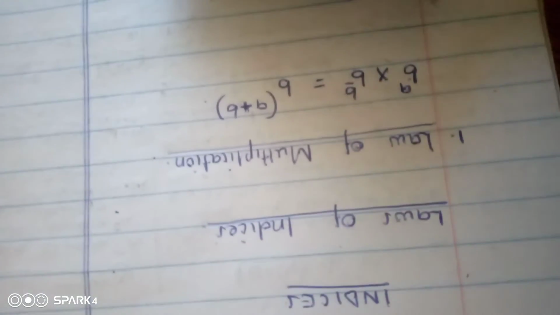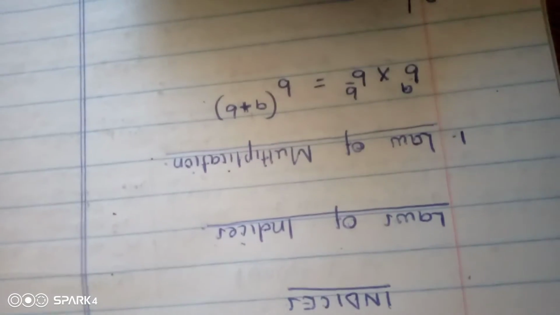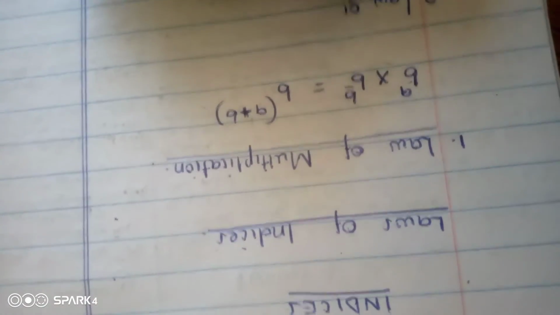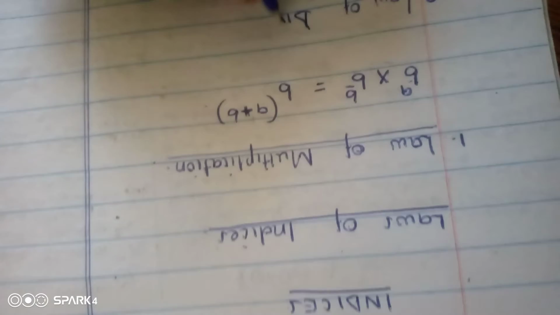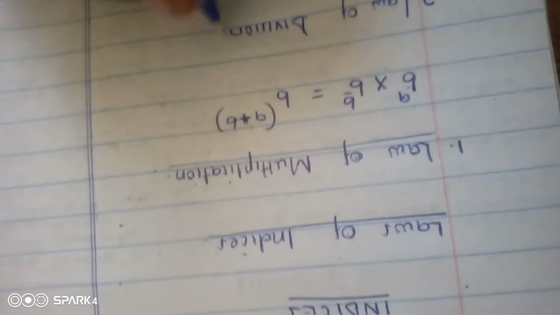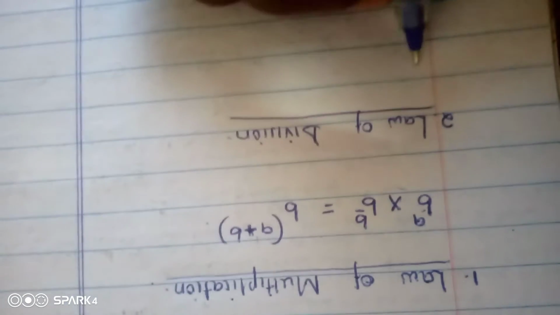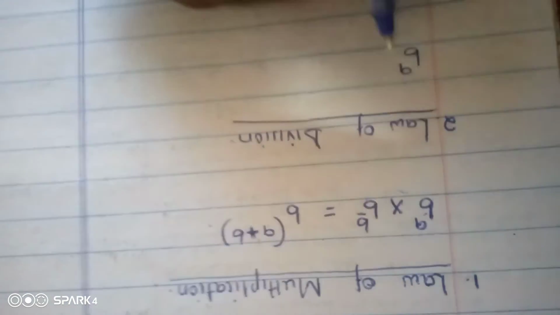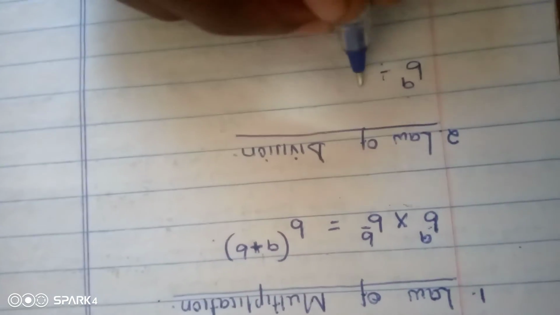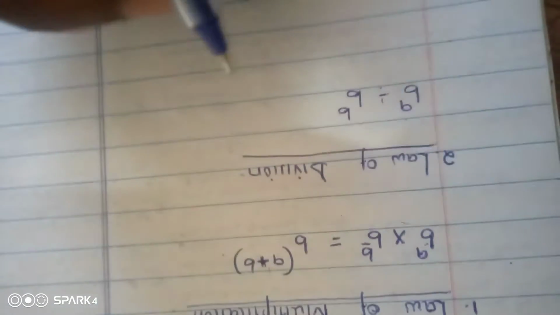Okay, the second law we're going to deal with is the law of division. An example on this law, let's use the same letters. Here we are going to take b raised to a divided by b raised to b.